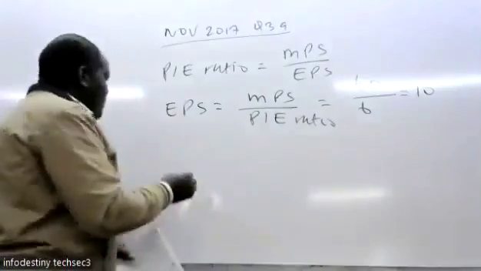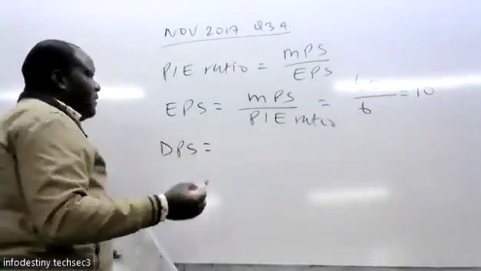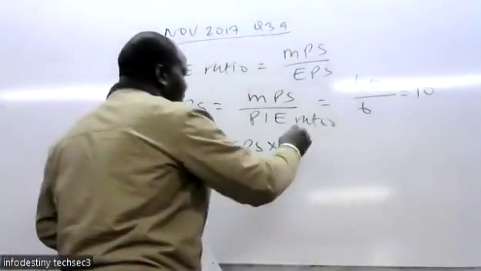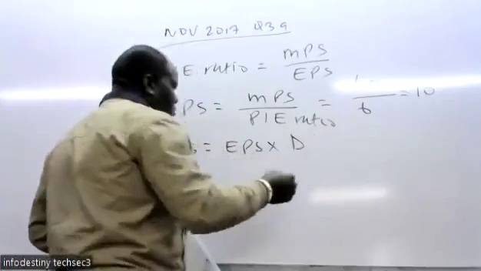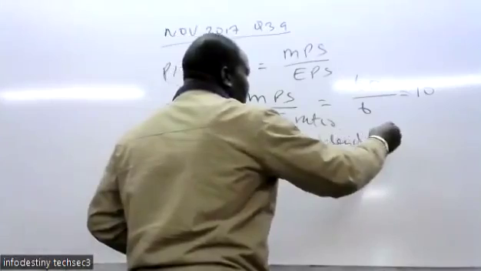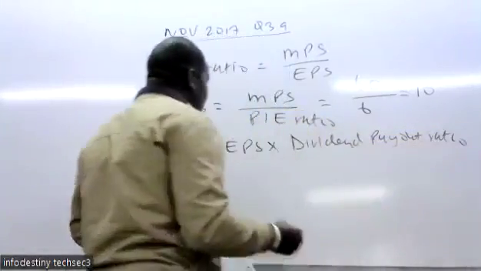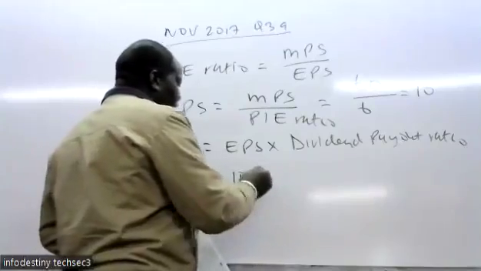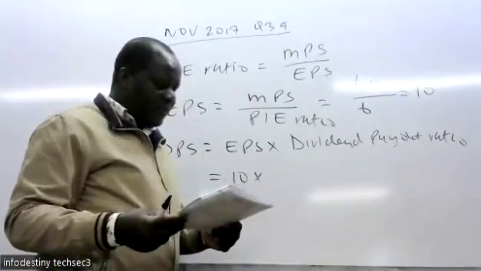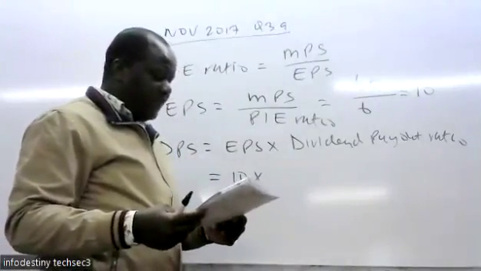Then to calculate the dividend per share, it is earning per share multiplied by the dividend payout ratio. Our earning per share is 10. Quake adopts a 40% dividend payout ratio as its dividend policy.